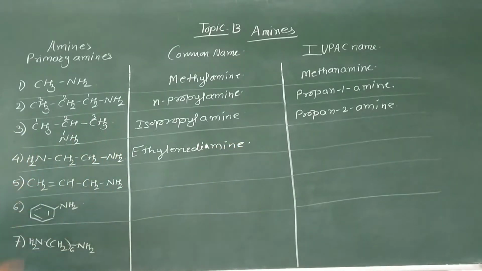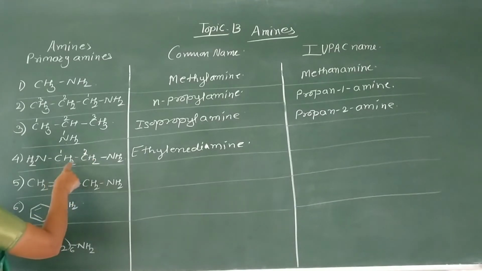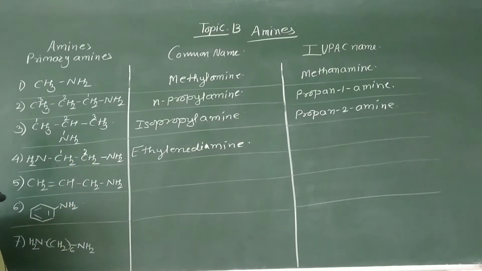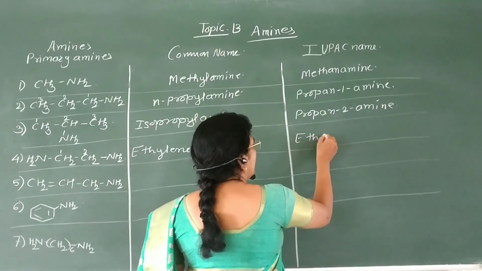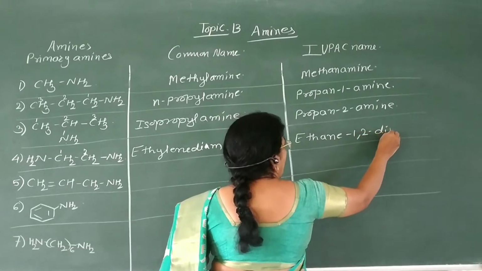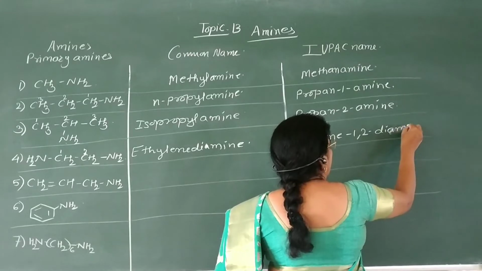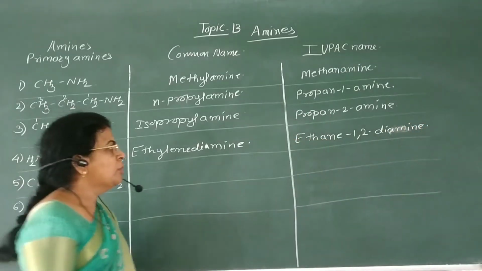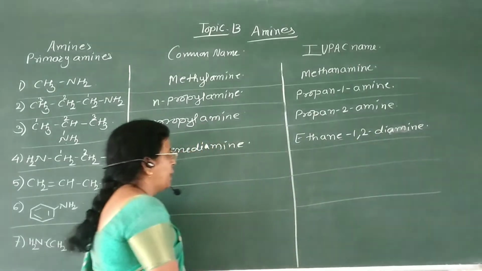Now the IUPAC name, 1, 2. That is, it is ethane 1,2 diamine. Don't remove this E. Ethane 1,2 diamine.